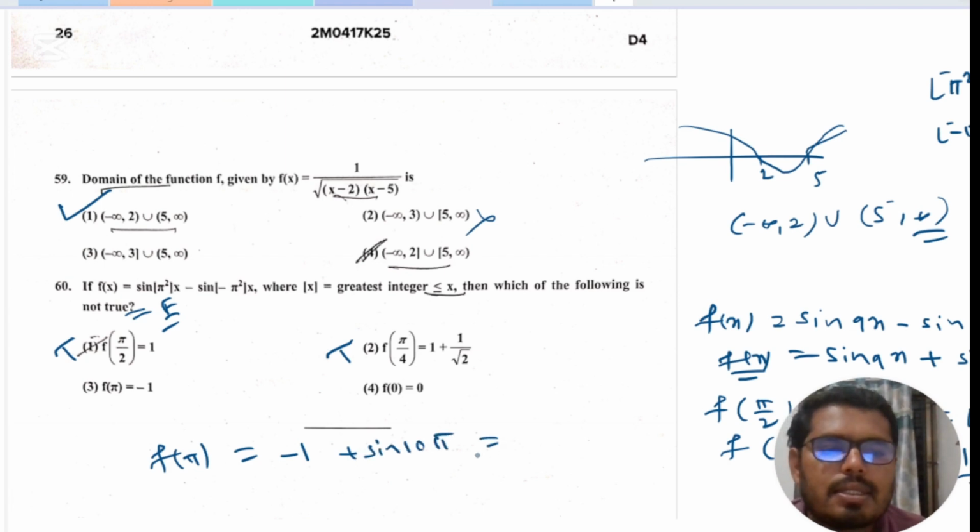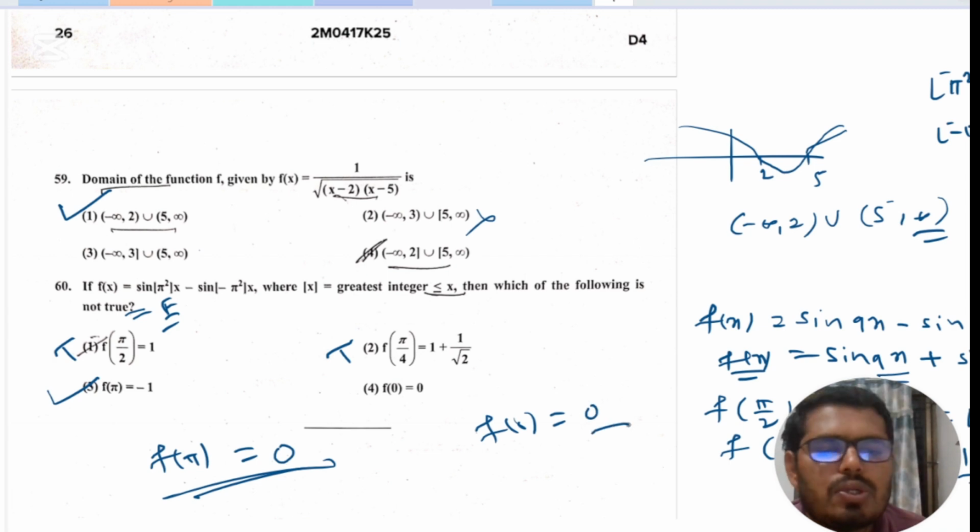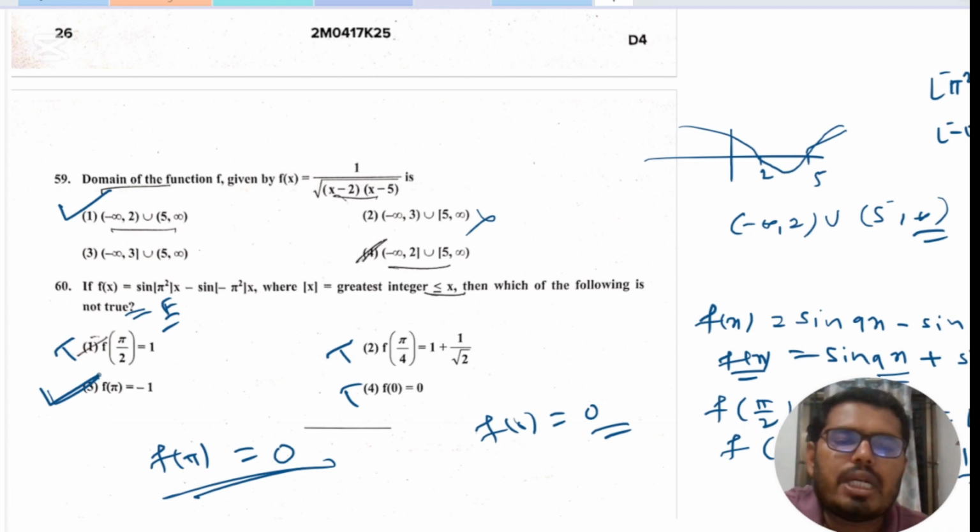Sin 9 pi is what? 0. Sin of a multiple of pi is always 0. Then here they gave minus 1, that's why it is not true, so it is our option. Then f of 0 is sin 0, which is 0, so that is also true. Therefore this is the only not true statement.